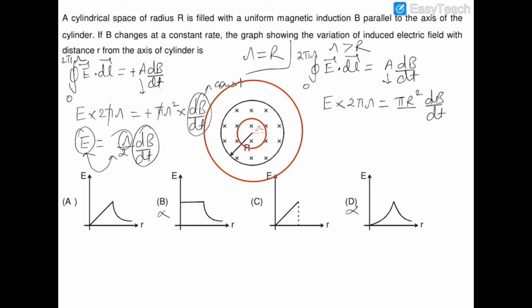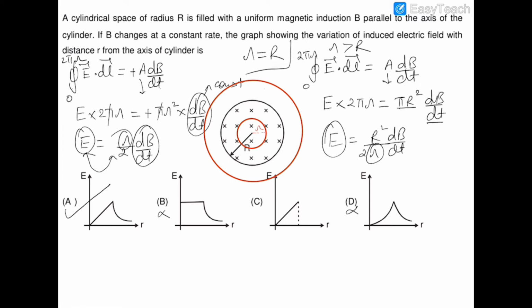So E is equal to R square dB by dt divided by 2r. So we can say that E is inversely proportional to r, and hence the graph would be a hyperbola. So the correct option would be option number A.